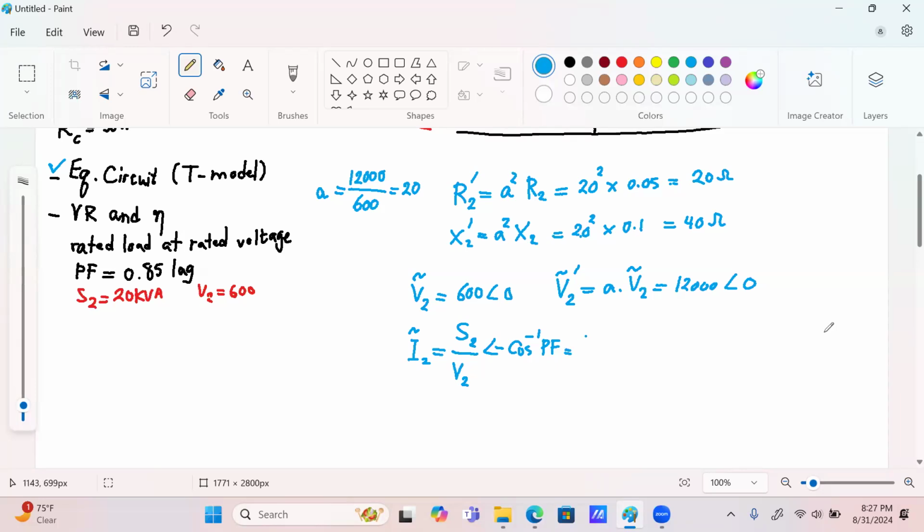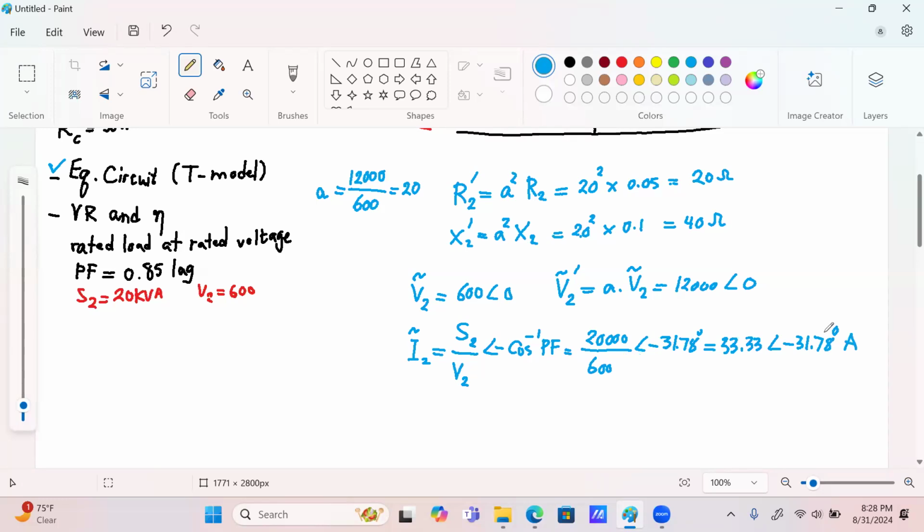This is going to be the rated load, which is 20,000 volt amperes, divided by 600 with angle of minus cosine inverse of 0.85, which is 31.78 degrees. That will be 33.33 with angle of negative 31.78 degrees in amperes.